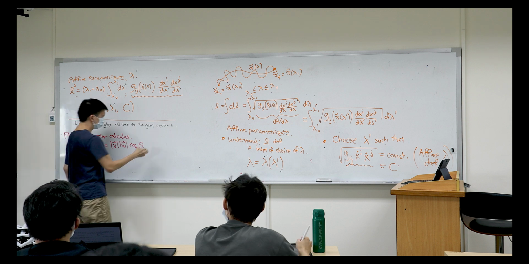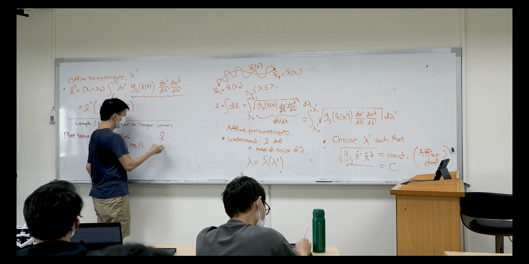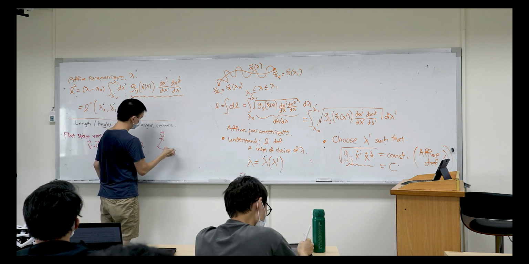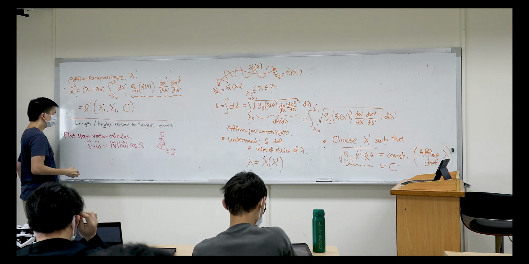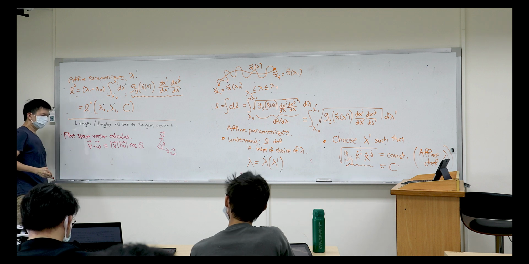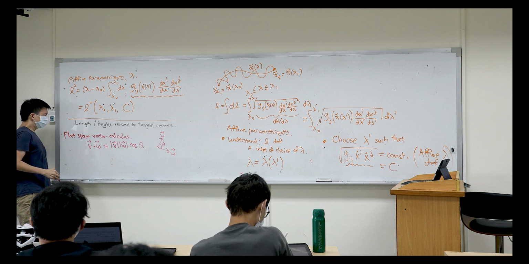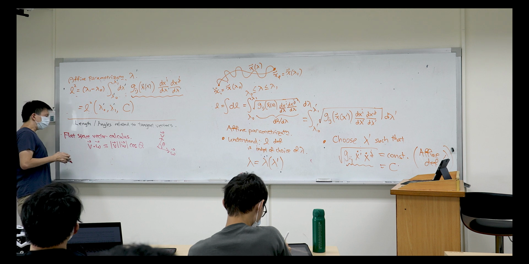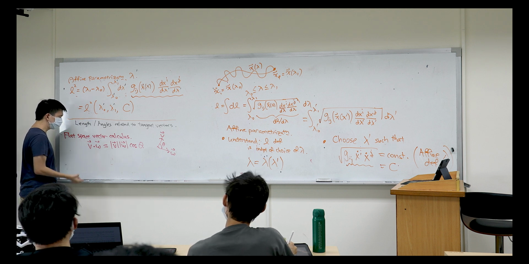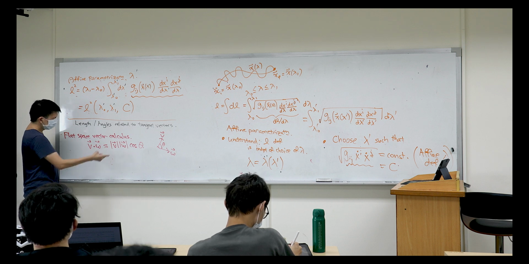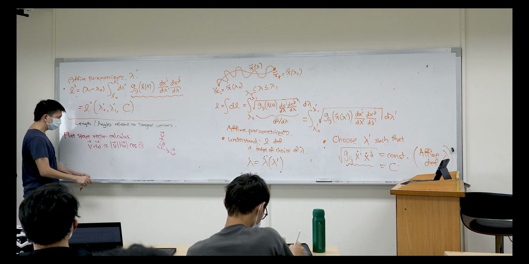So v is pointing this way, w is pointing this way, and this is the angle theta. The dot product gives you not just the length, but also the angle between these guys. In particular, if you divide by the length of v and divide by the length of w, you do in fact get the angle.